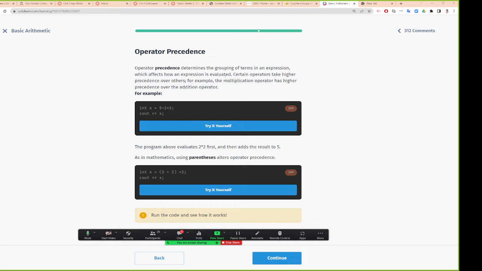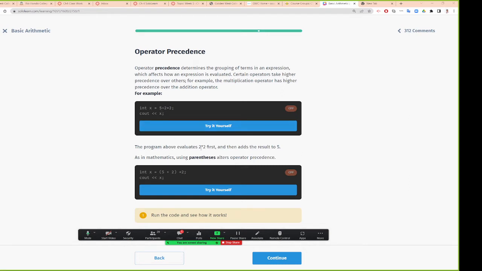Parentheses first, exponents, then times and divide, then addition and subtraction. So for this one I will do times first. So that will be 2 times 2 is 4, plus 5 is 9.